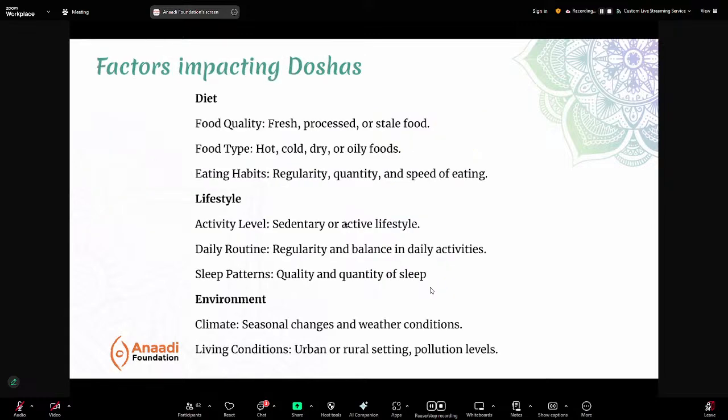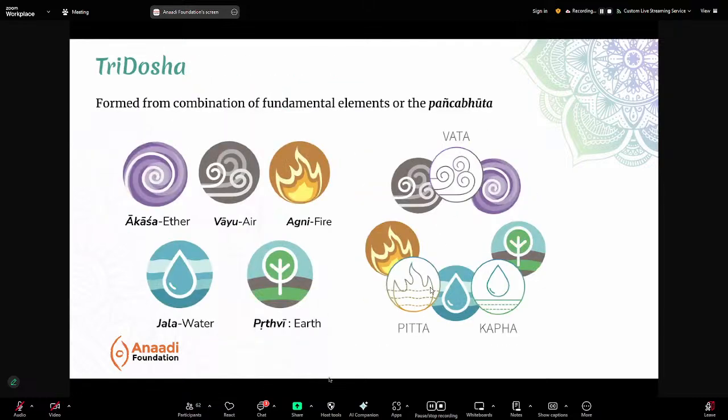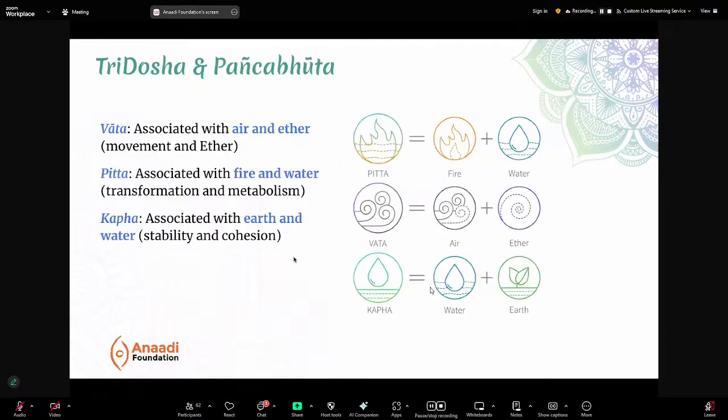So what are the factors that impact the doshas? If some of you can share, what could be some factors that affect the doshas? Please unmute and answer.